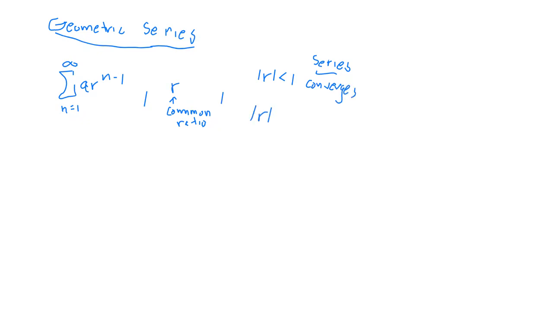If the absolute value of R is greater than 1, the geometric series will diverge. Okay, they prove this in the book. It's not hard to prove. In example 1, they prove it.